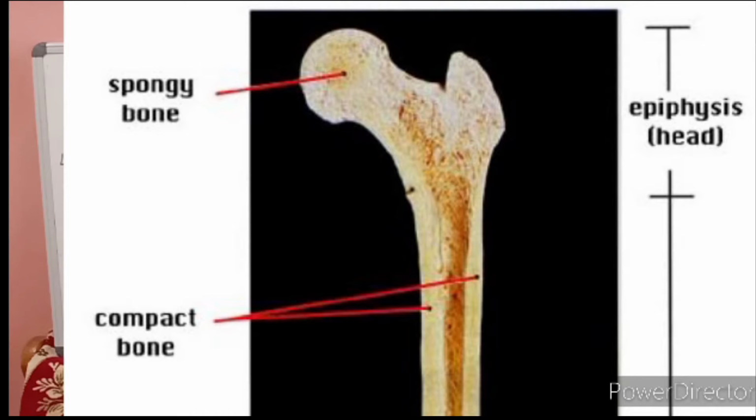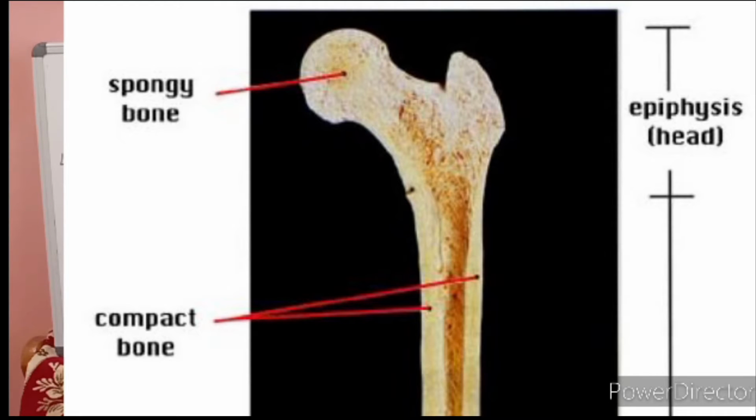Compact bone is very dense and hard, and it forms the protective outer portion of all bones. Then the inner one is the spongy bone. The bone tissue is composed of several types of bone cells. Please remember that.